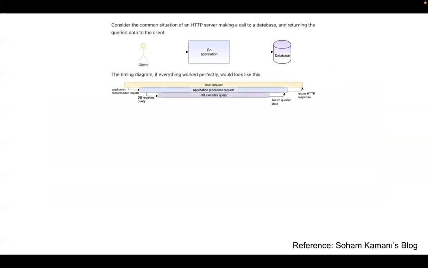Okay, let's move on, and I will explain context a little bit more. Let's think about a situation like this. You are a basic Twitter user and you want to see your followers.